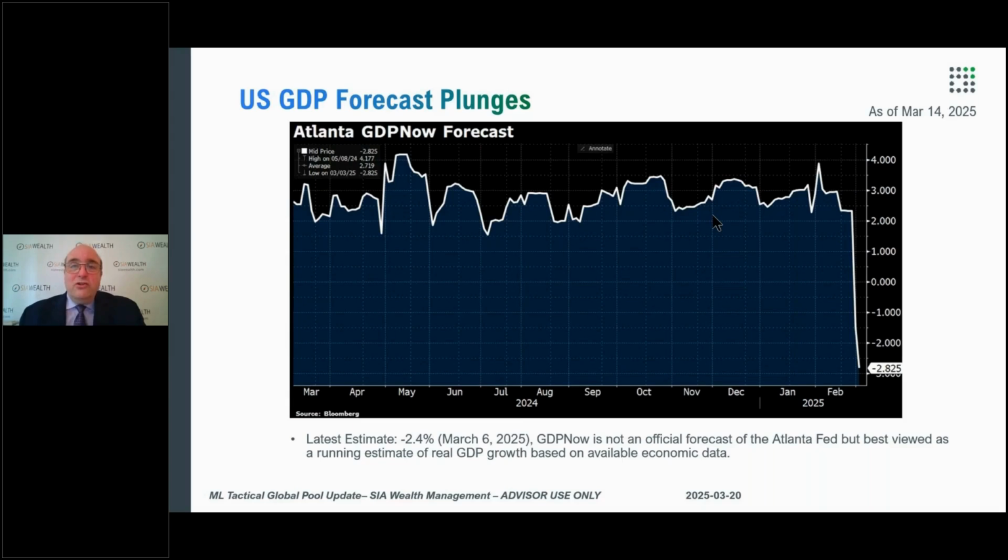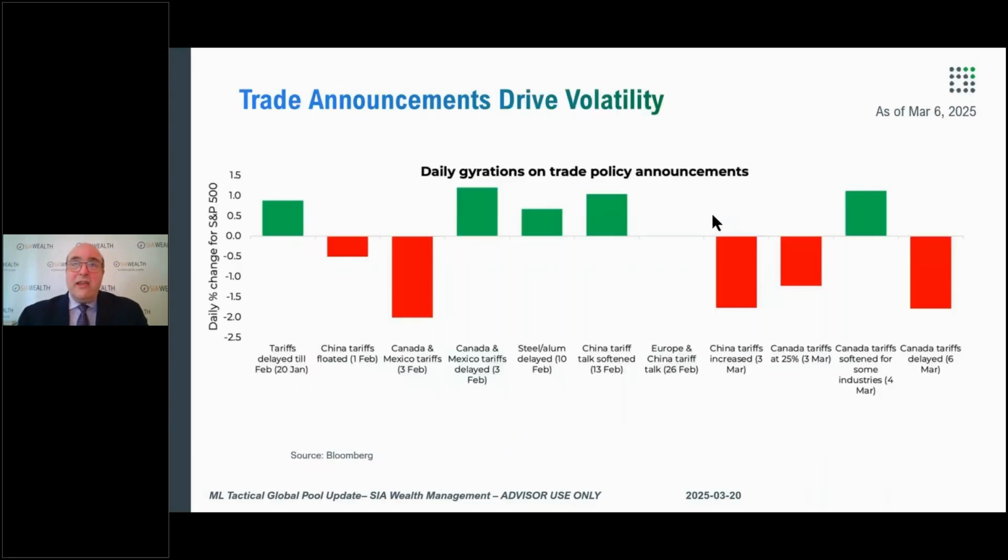So this is not unusual, but the feeling initially after the U.S. election was that things would be sunshine and rainbows and Trump would get his way and everything would be wonderful. But the reality is that there could be significant bumps between point A and point B, and the Atlanta Fed is starting to show that in their estimates, and we're starting to see that a little bit in the markets as well, given the recent volatility.